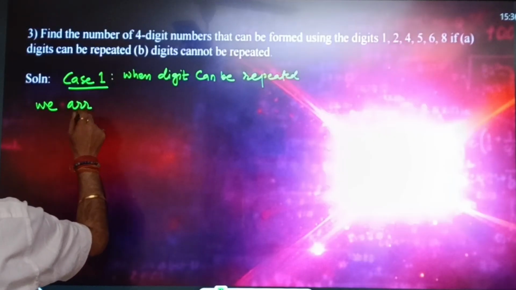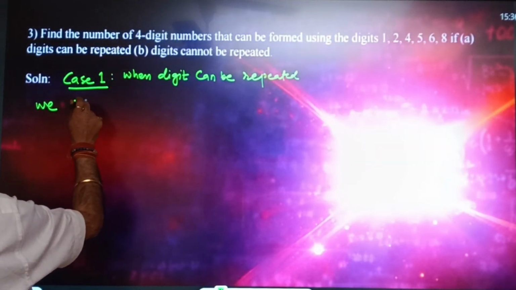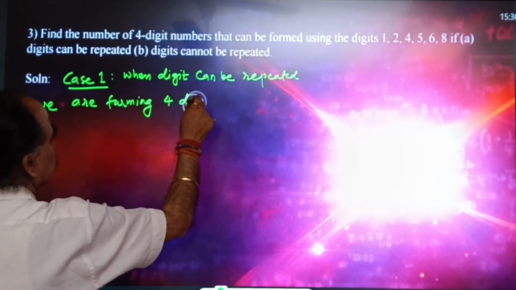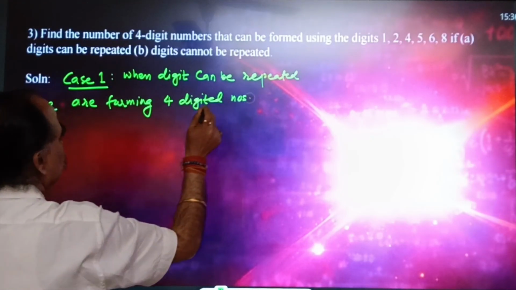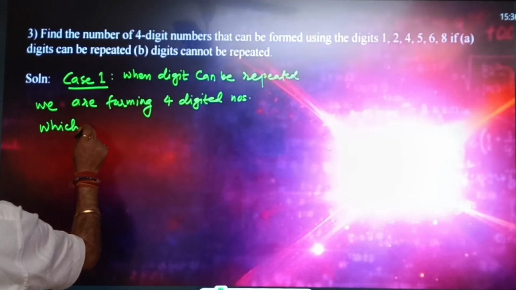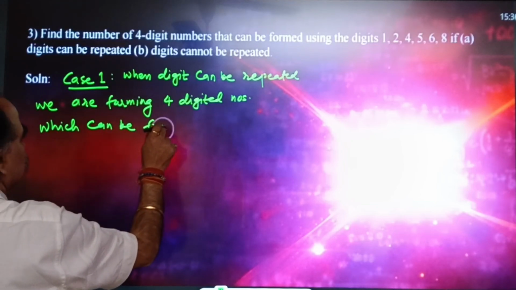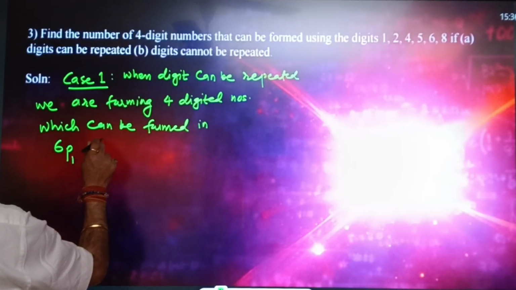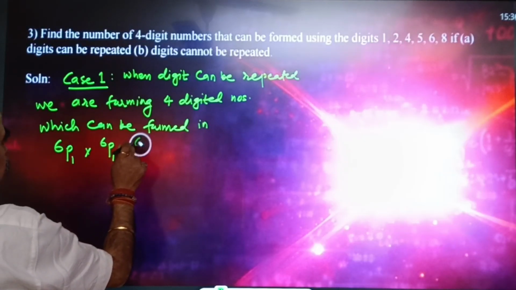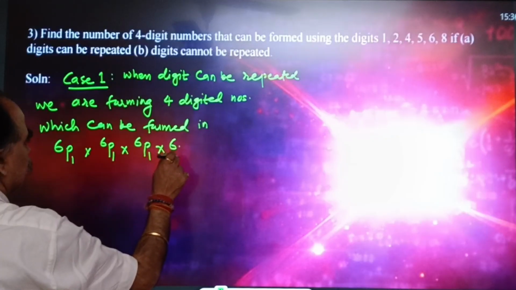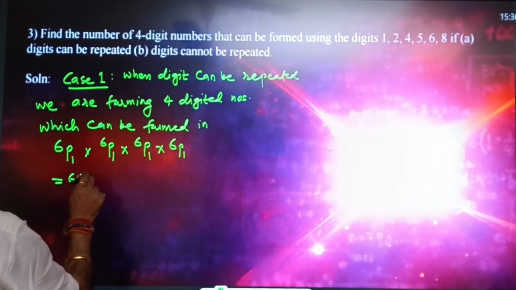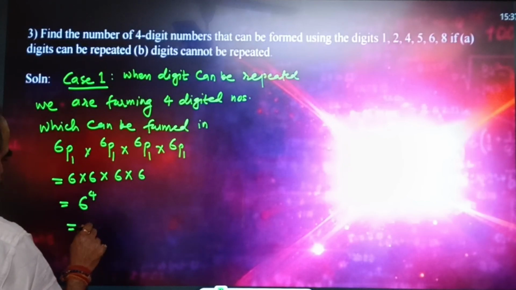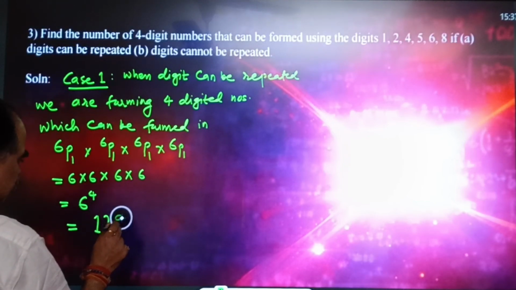We are forming four-digit numbers, which can be formed in 6P1 into 6P1 into 6 into 6, that is 6 raised to 4, 1296 numbers.